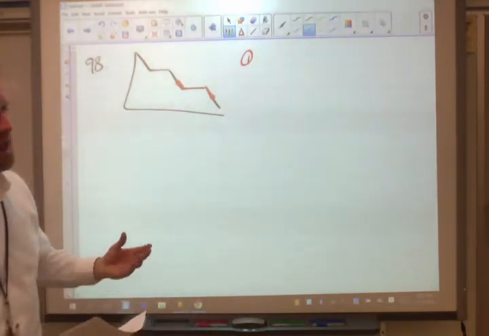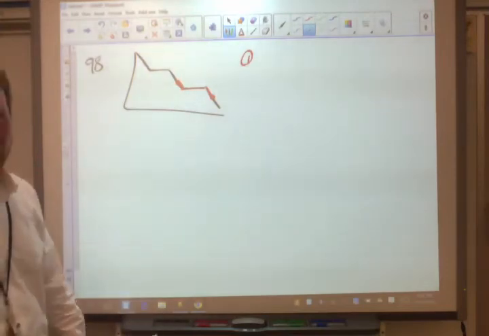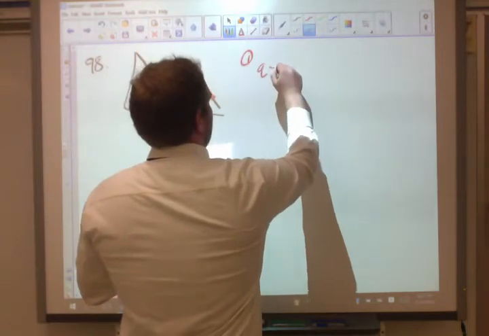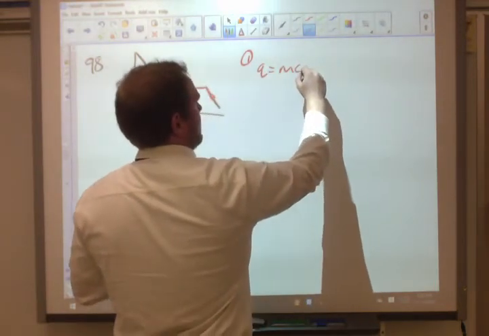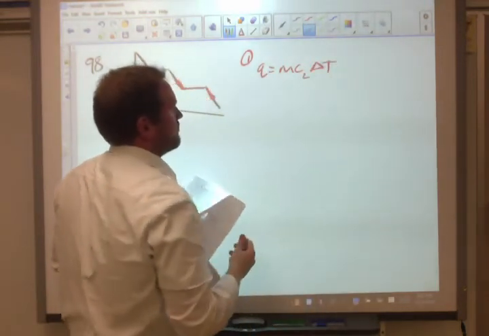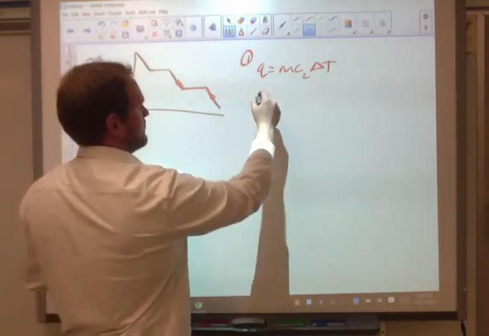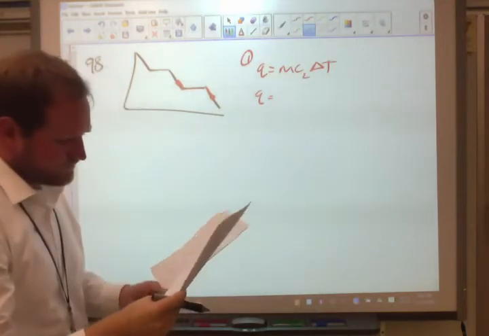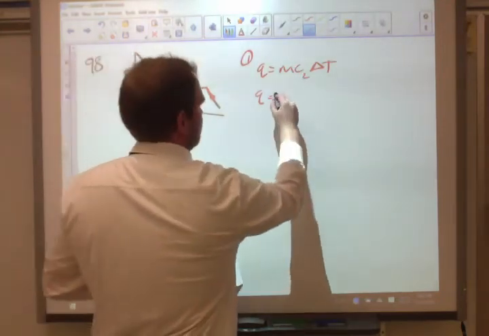But what we need to see is how much of that 38,200 is actually going to be used in these 2 steps. So step 1. Q equals mC delta T. I'm going to try to work from memory. I hope I don't get these constants wrong. So Q is going to equal 80.3 grams.